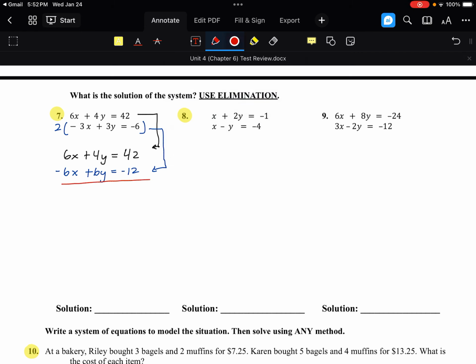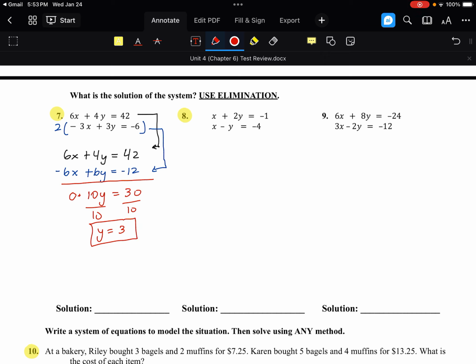I can then eliminate straight down or combine straight down. 6x and negative 6x become 0. 4y and 6y are going to become 10y. And 42 and negative 12, that's going to give us 30. We're then going to divide by 10 to solve for y, and so y equals 3.